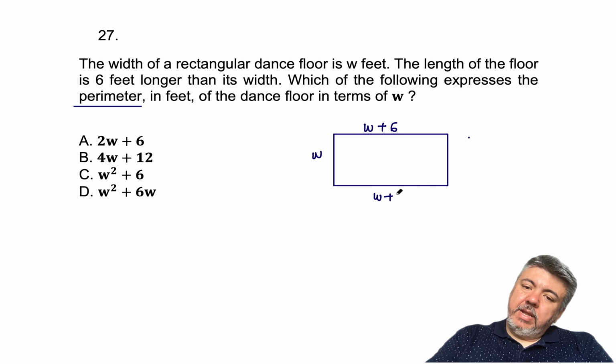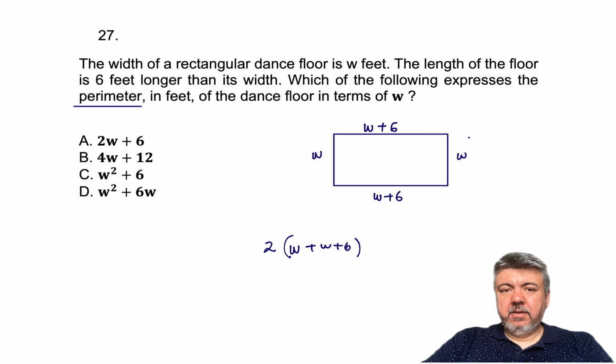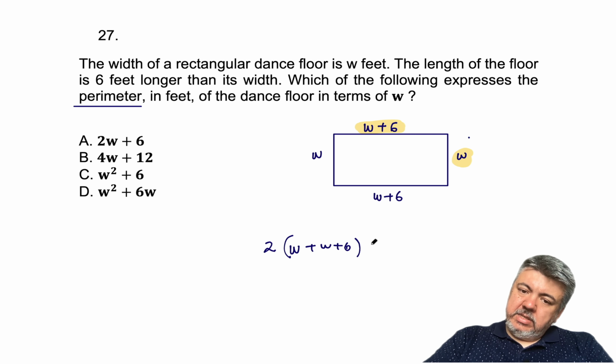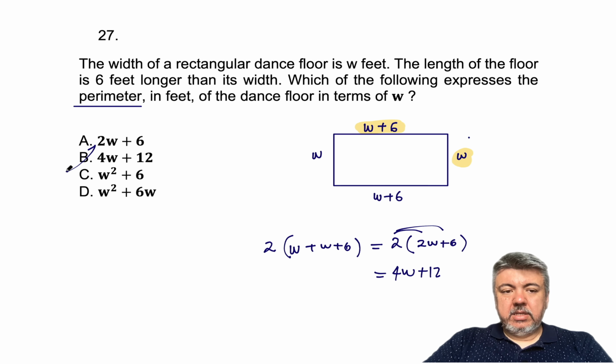We add the width and the length together and multiply by 2. Inside we have 2W plus 6. Now expand it: 4W plus 12. It's going to be choice B, my friends.